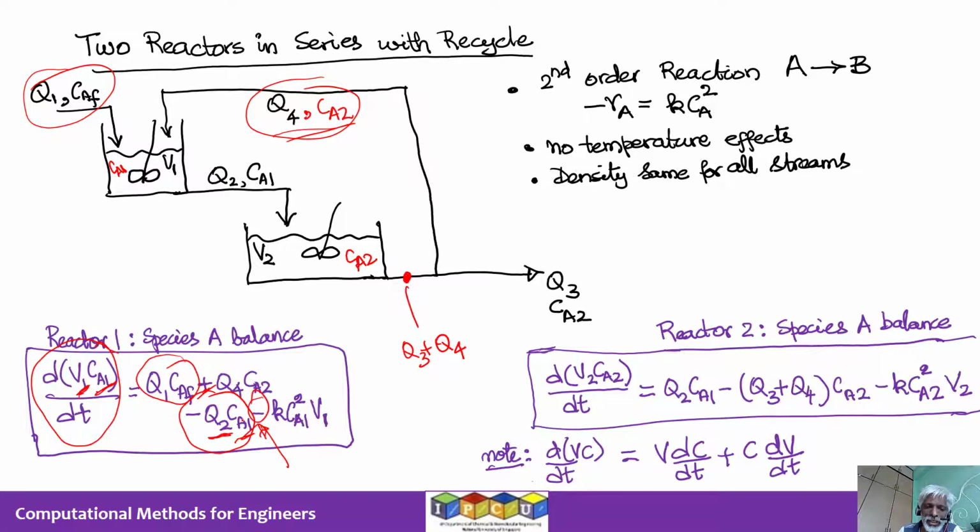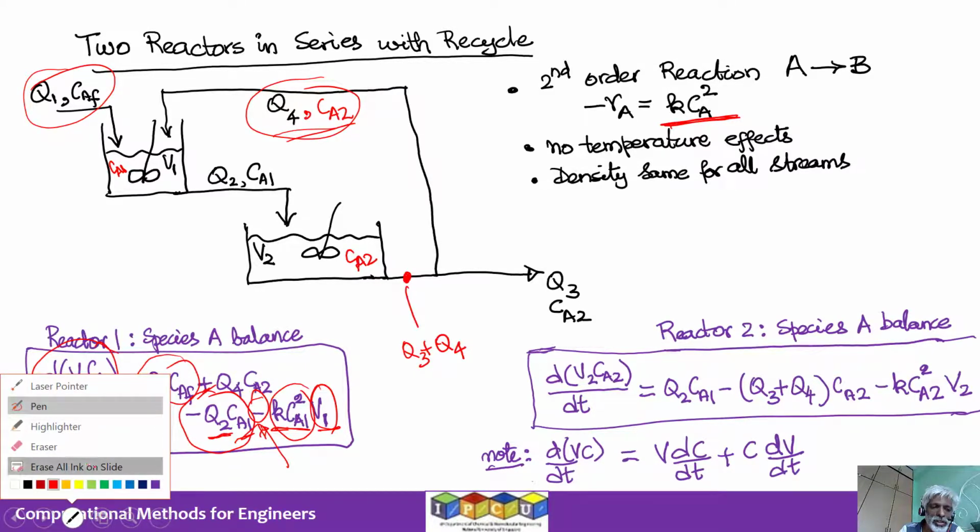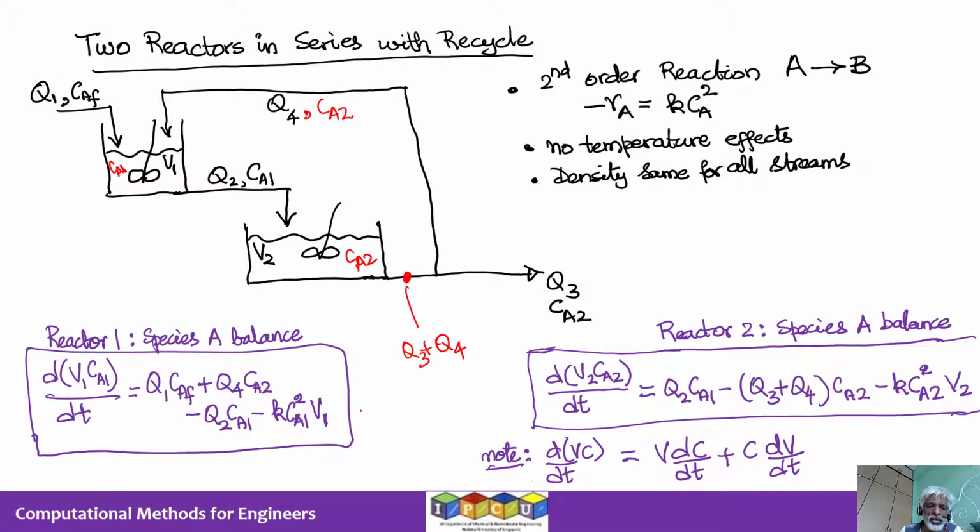So we have this negative sign, and the reaction rate multiplied by the volume. Here the volume is V1 because we are talking about reactor 1. And the rate of reaction is going to be K CA1 squared because we assume second order kinetics, and in this reactor the concentration of A is CA1. So this gives us the equation for the reactor 1 species A balance.